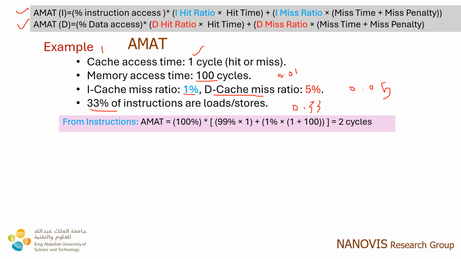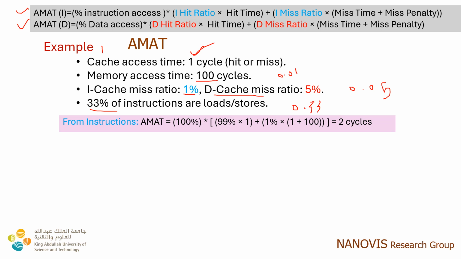So for instruction cache we have AMAT equal to 99% multiplied by 1, plus 1% multiplied by 1 plus 100. This is the miss time and miss penalty.